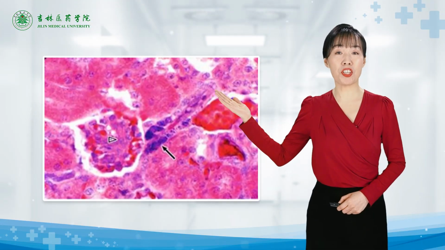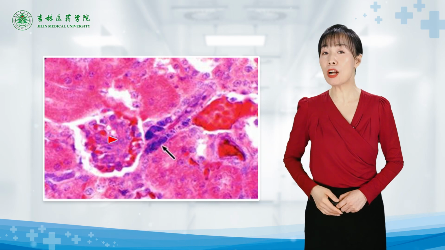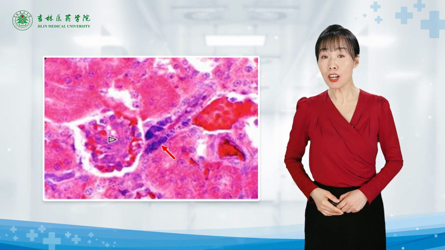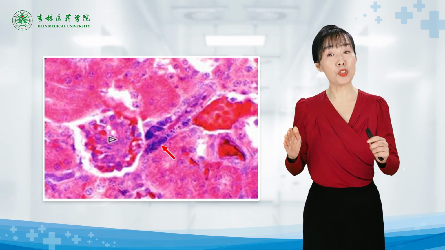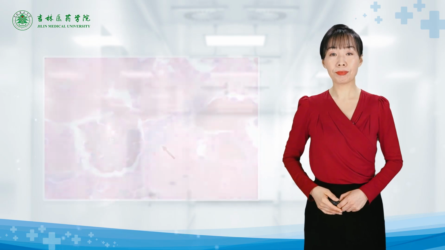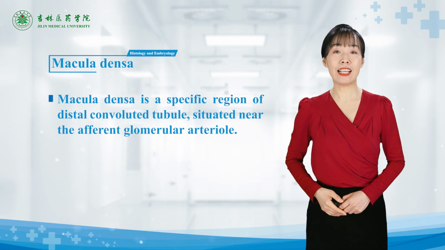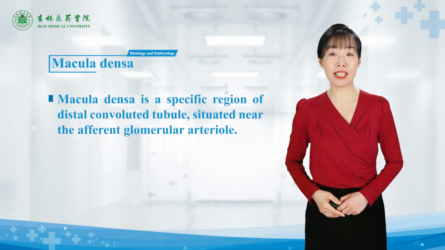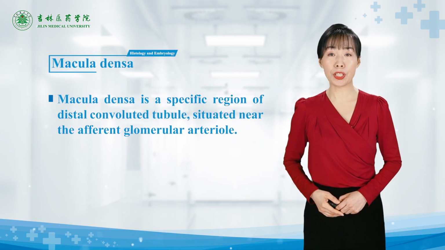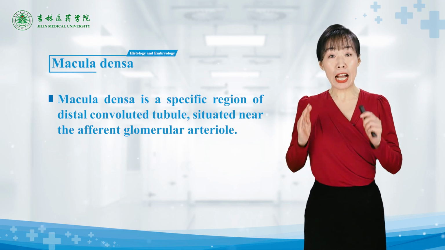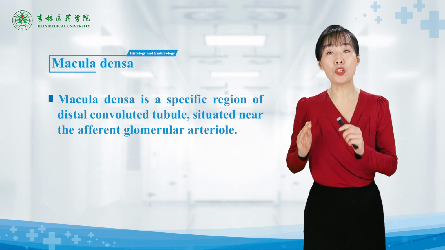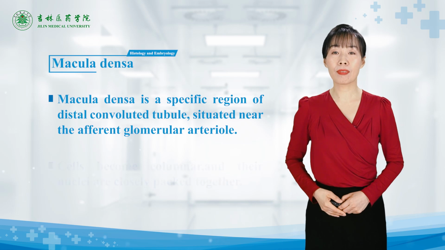In this picture, the arrowhead shows one renal corpuscle. The arrow indicates juxtaglomerular cells. Macula densa is a specific region of the distal convoluted tubule, situated near the afferent glomerular arteriole.